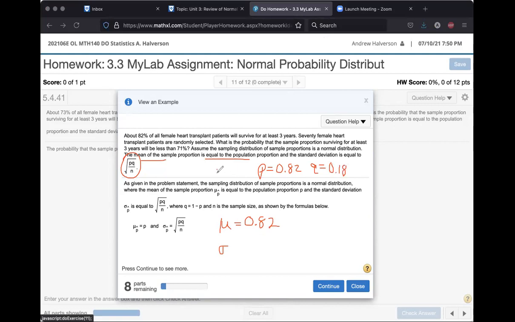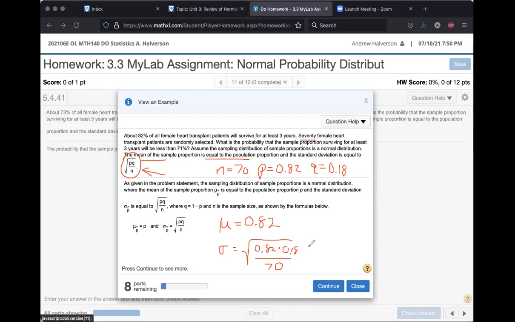And remember, N is the sample size. What do they tell us is the sample size here? 70. Okay, so fill it into that formula right there. So it's the square root of 0.82 times 0.18 divided by 70. So I'm going to pause the video for just a minute.